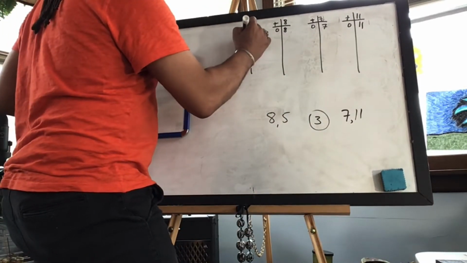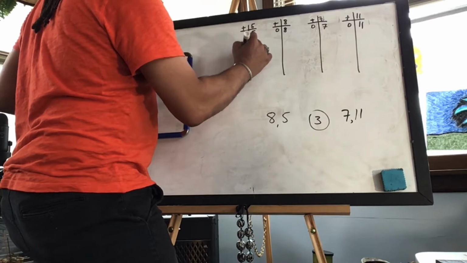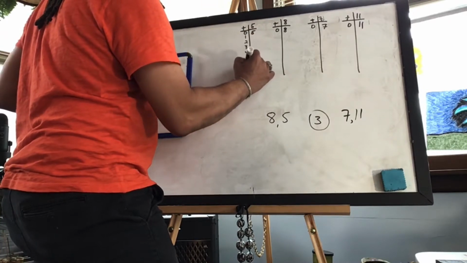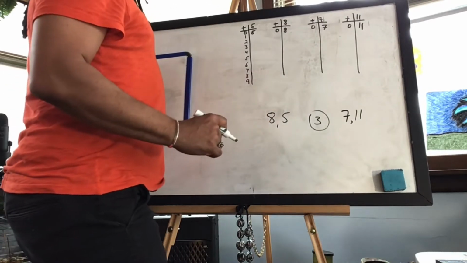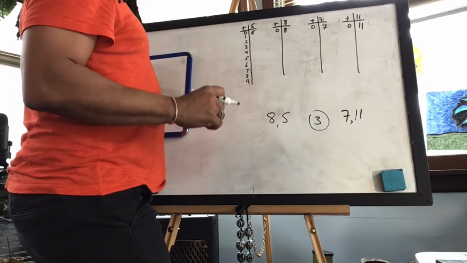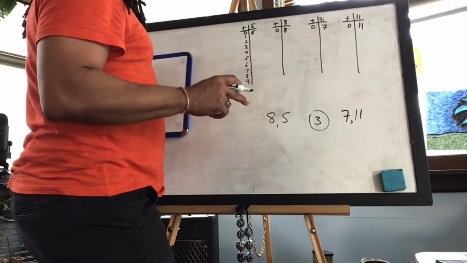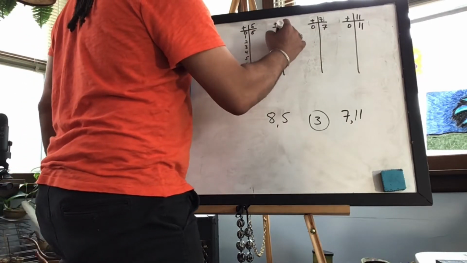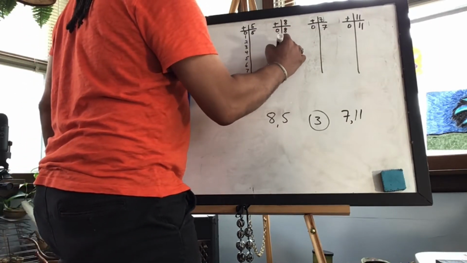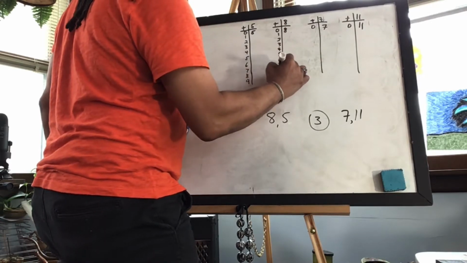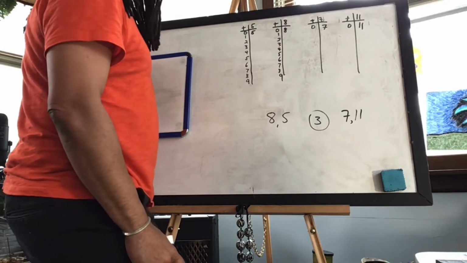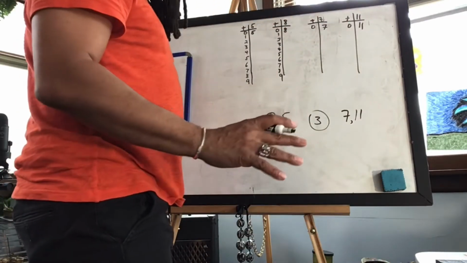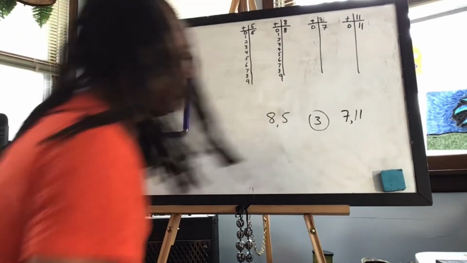So 1, 2, 3, 4, 5, 6, 7, 8, 9. And we'll stop there. So forth and so on. Make sense? So once you have all of that and you fill all of that in, you're set.